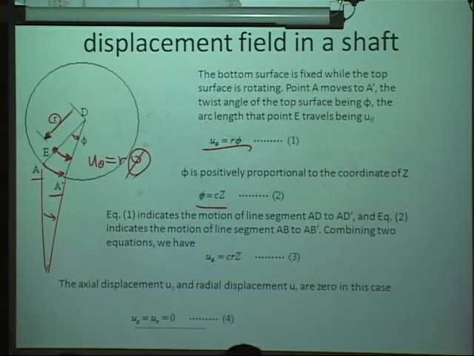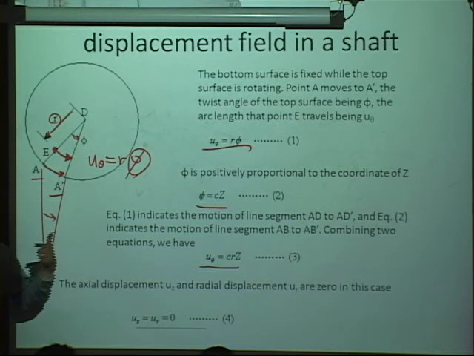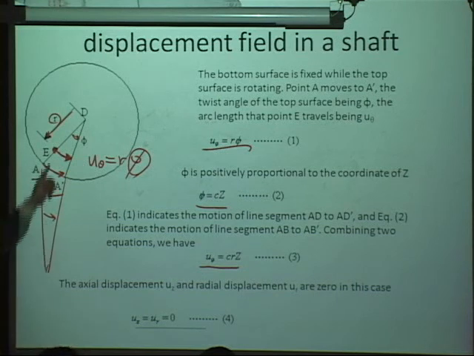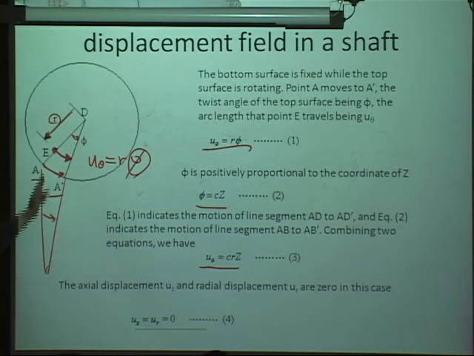Now, we simply combine these two equations, and the theta displacement is proportional to r and z. Theta displacement at any point is proportional to r and z.